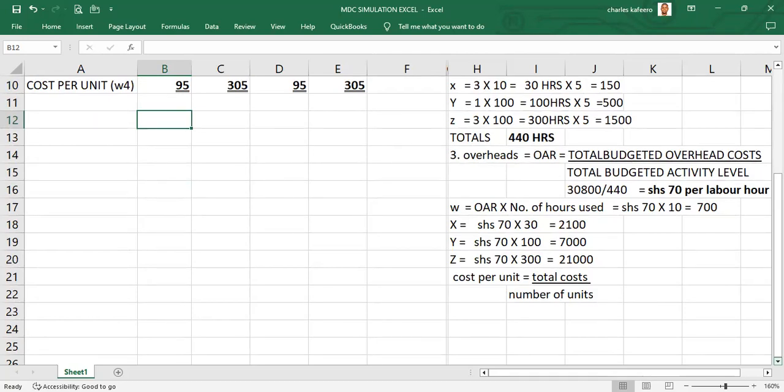But as we said, they may give you the profit. They may want you to advise the company. We have given you maybe the profits that we computed using traditional costing, but they want you to advise the company on which system to use, by adjusting the profit they got using the traditional costing when you are using the ABC system.